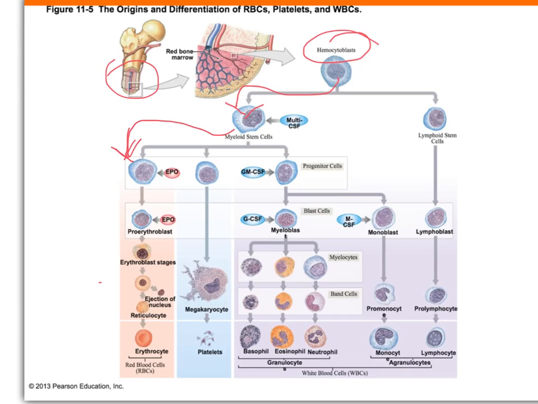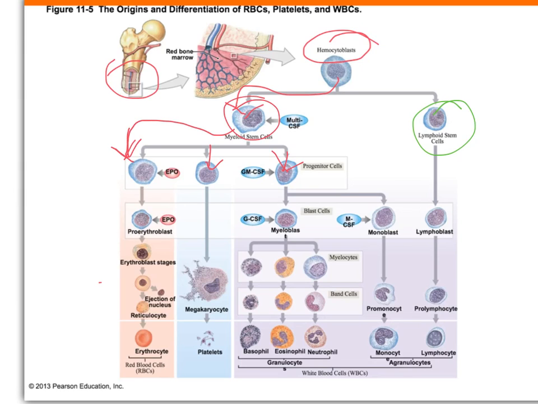I want to point out that not all hemocytoblasts will become myeloid stem cells. Some of them become lymphoid stem cells, which we will talk about later on. And of the hemocytoblasts that become myeloid stem cells, not all of them are destined to be red blood cells. Some will become platelets, and some will become white blood cells as well.